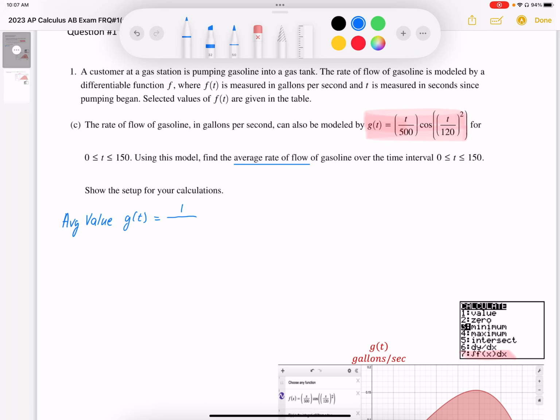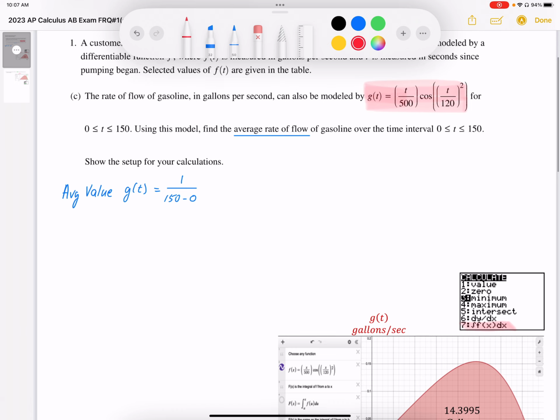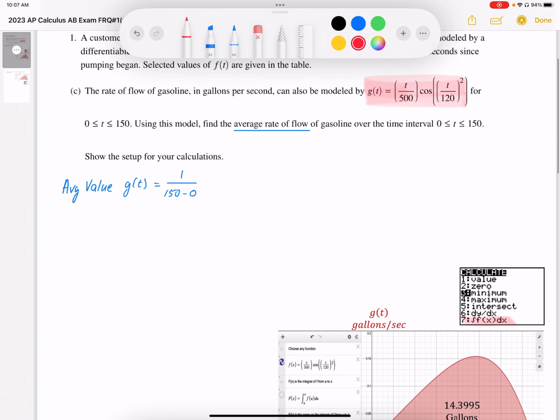The interval width is 1 over 150 minus 0. The area underneath the g of t function is the integral from 0 to 150 of g of t.